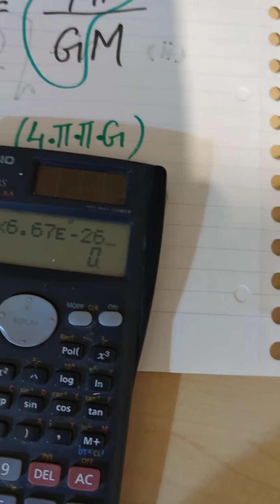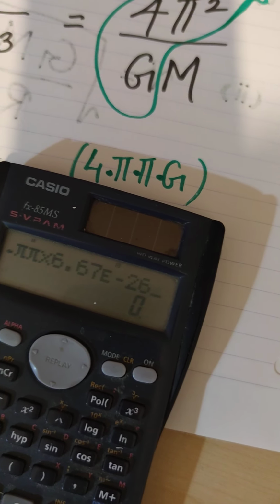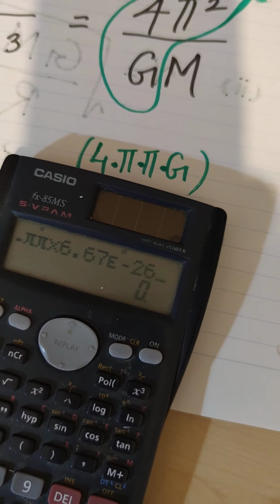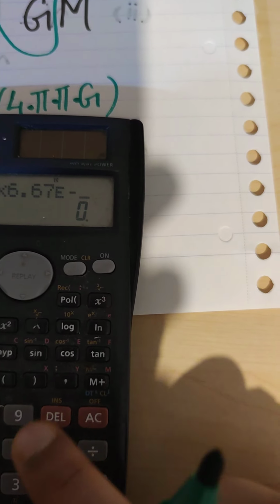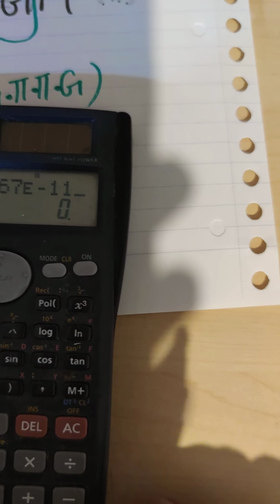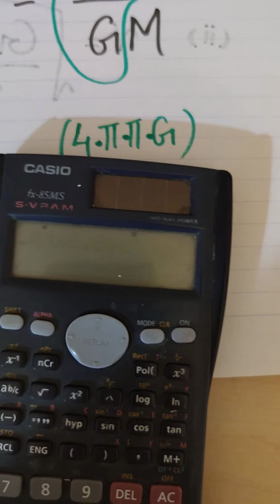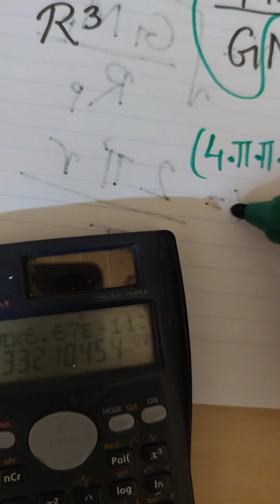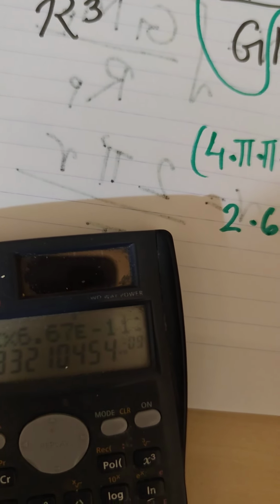sorry, is it, sorry, minus 11. Mine is minus 11 newton meter squared per kilogram squared, and you'll see that it'll come out to be 2.6, so it's 10 to the power minus 9 something something.